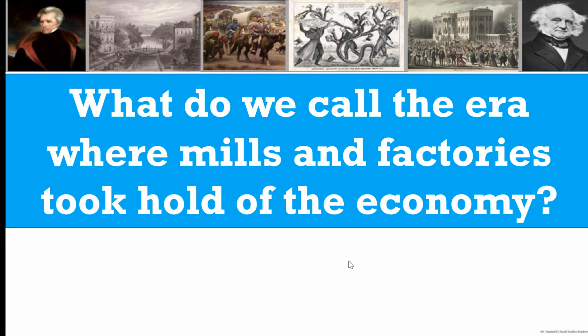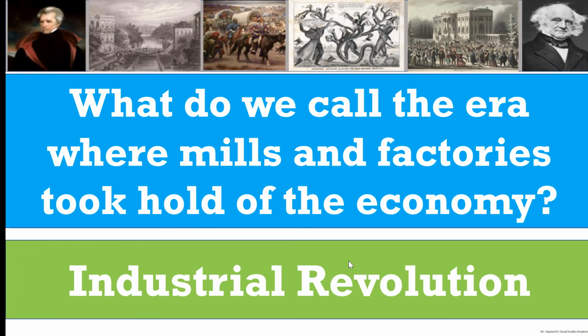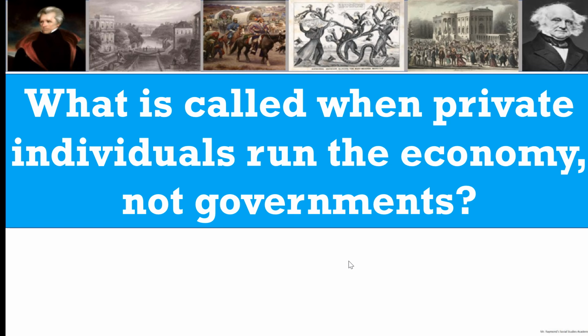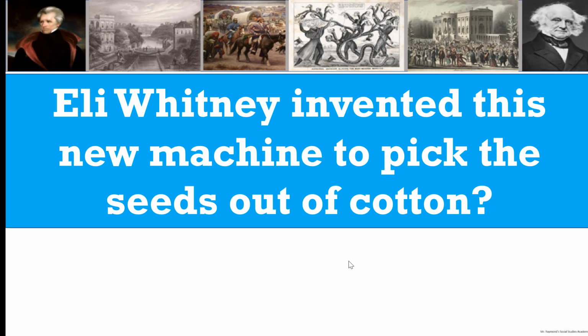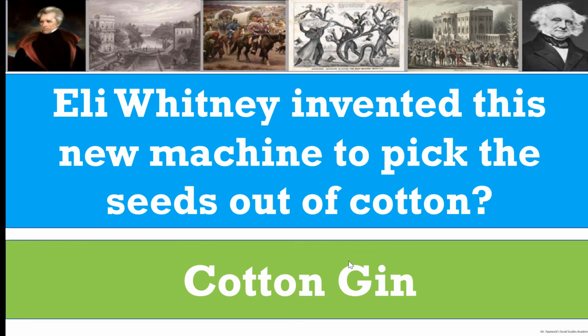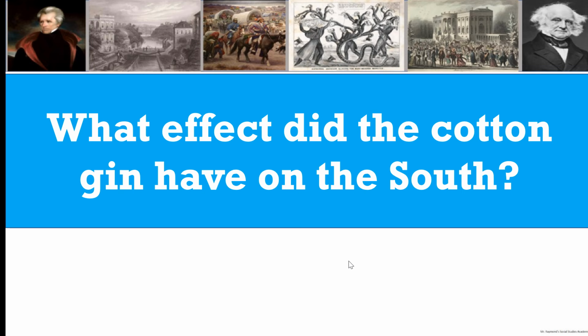What do we call the era where mills and factories took hold of the economy? The Industrial Revolution. What is it called when private individuals run the economy, not governments? Capitalism. Eli Whitney invented this new machine to pick the seeds out of cotton. The cotton gin.